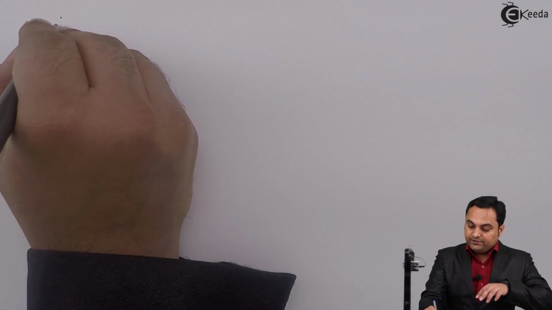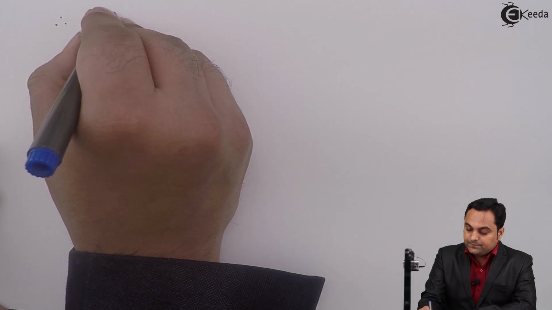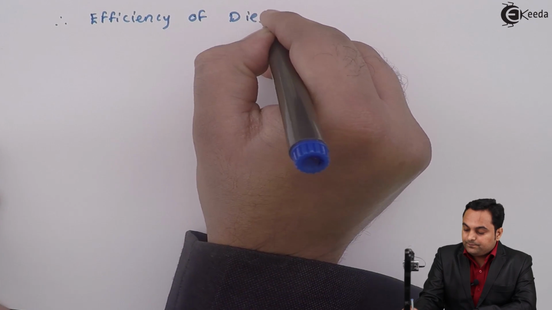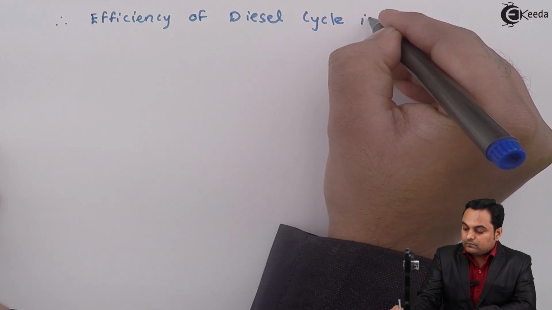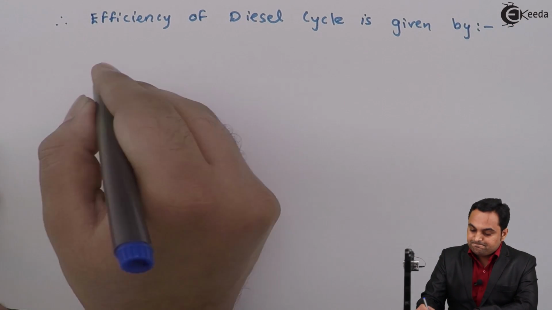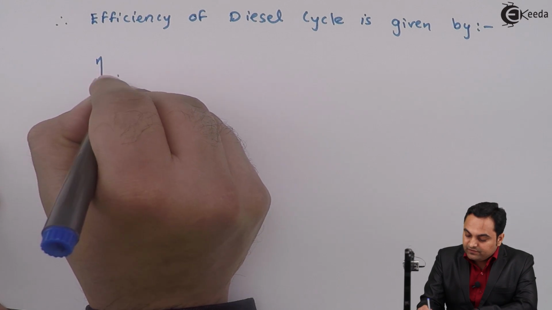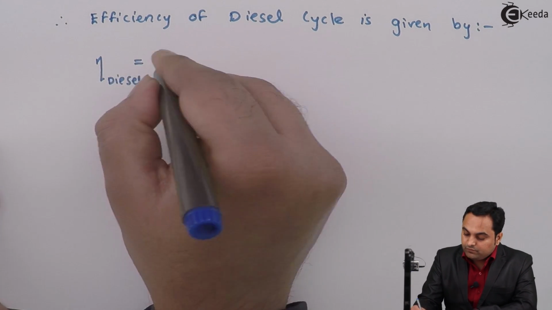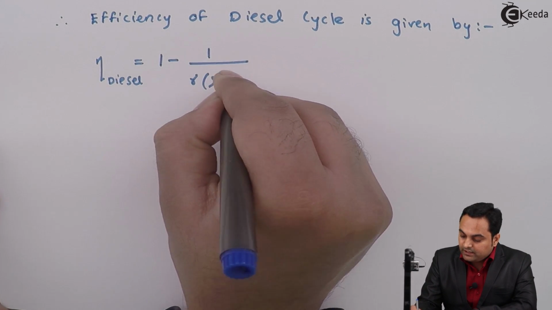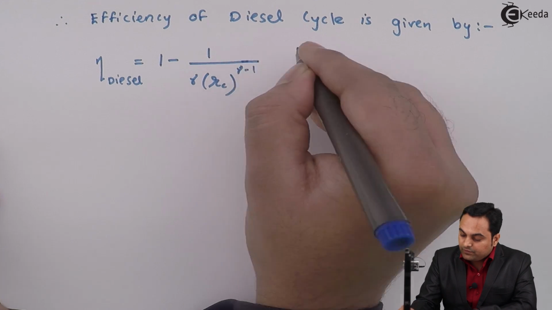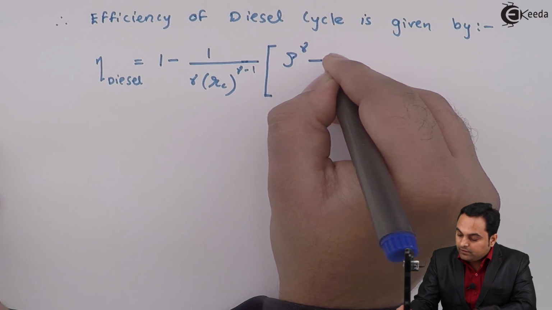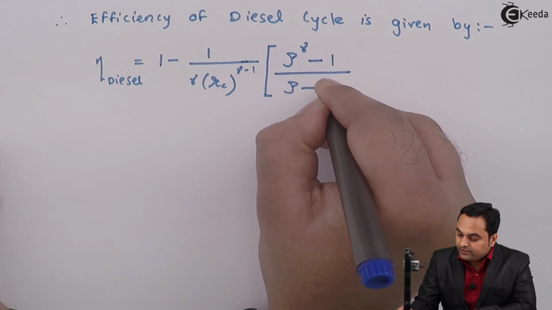So I'll say that therefore efficiency of diesel cycle is given by, the formula is: efficiency of diesel cycle is equal to 1 minus 1 upon gamma into bracket rC raised to gamma minus 1, next into bracket rho raised to gamma minus 1 upon rho minus 1.